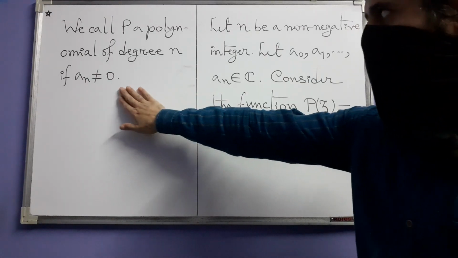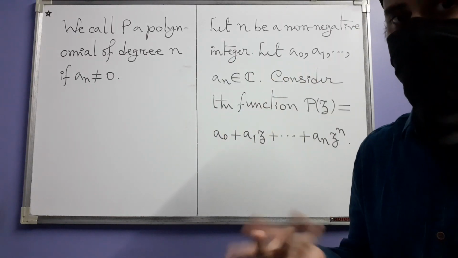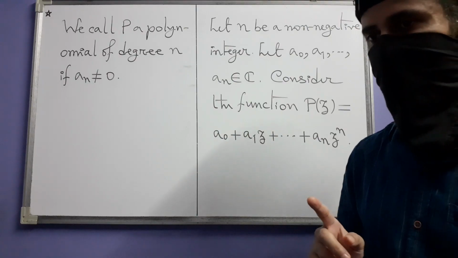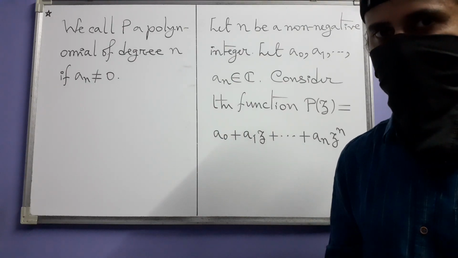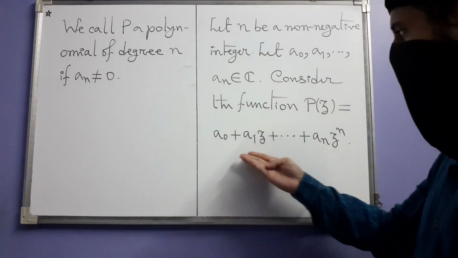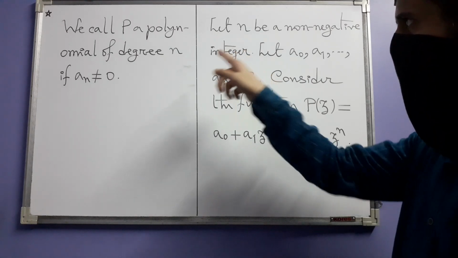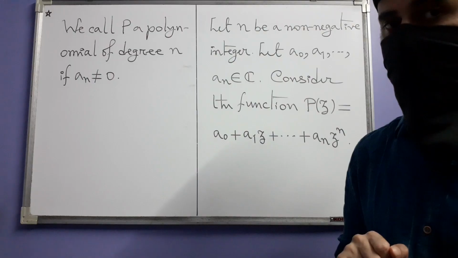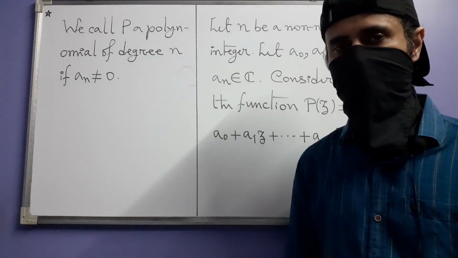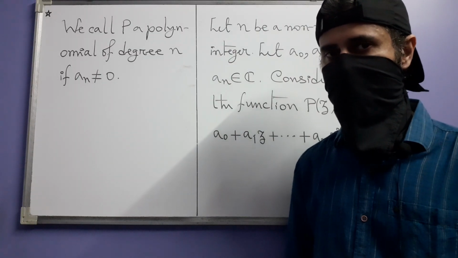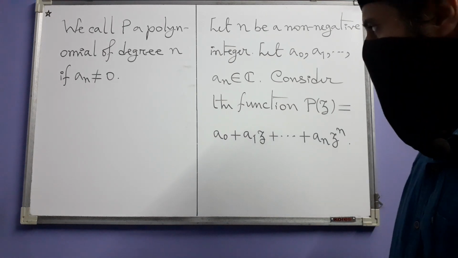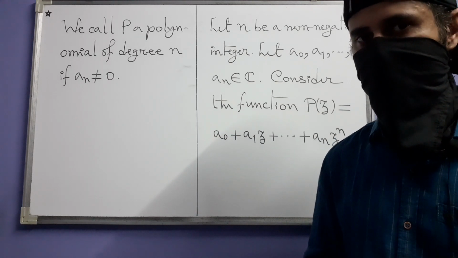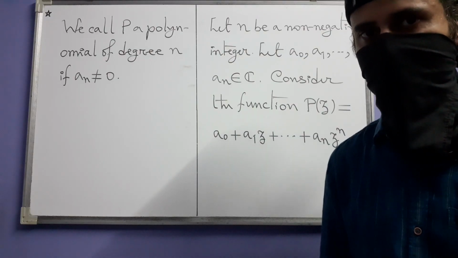Actually, I should have written this condition here itself. I forgot. But anyway, this is a polynomial function, a complex function in the form of a polynomial of degree n if this coefficient is non-zero. So you see that in this case we are not looking at a single example, but rather at a class of functions which has many functions, infinitely many in fact.